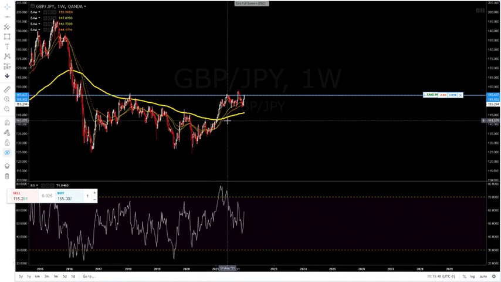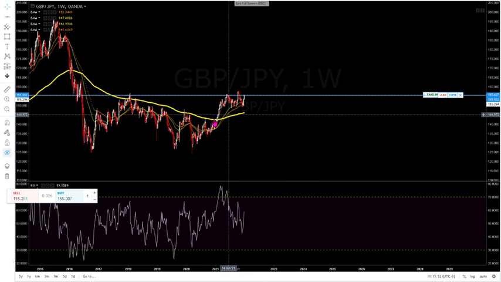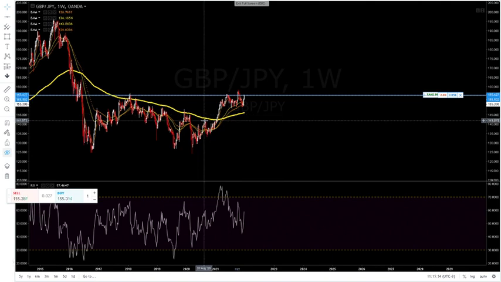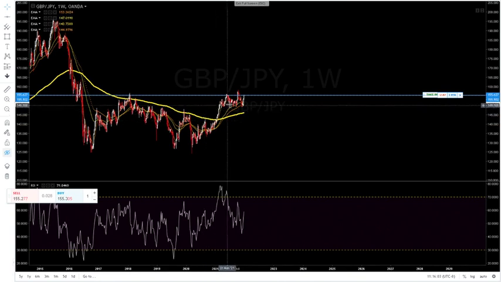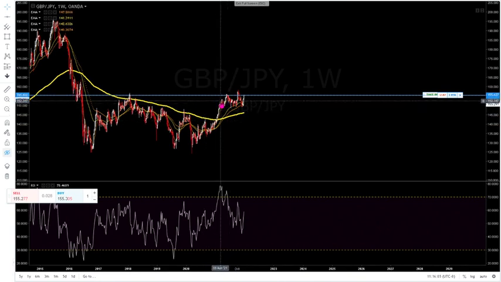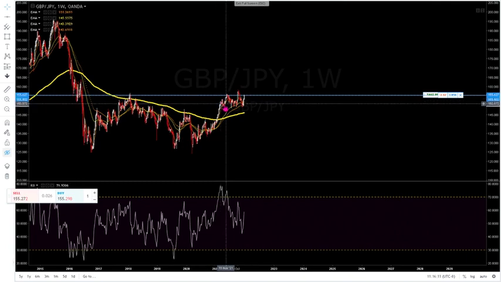And right here we have a higher high, and a lower high down here, which is bearish divergence, and price is up, pushing down.